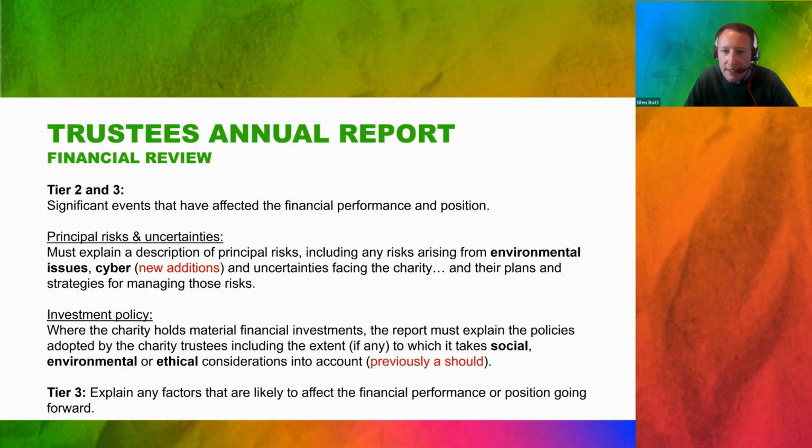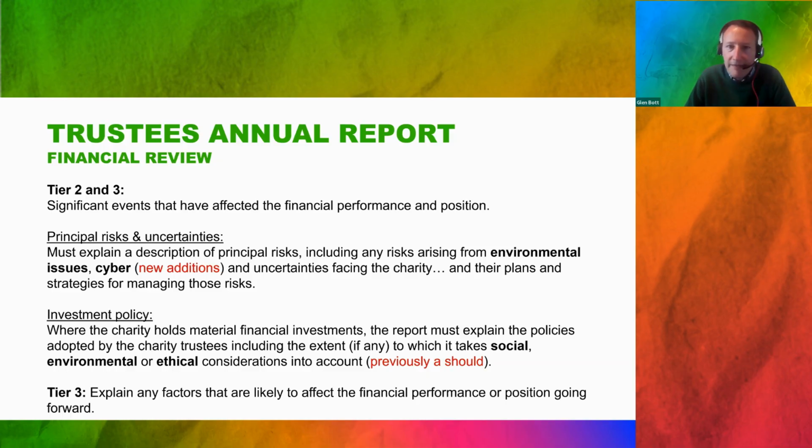Two slight tweaks within the financial review section. Firstly, in principal risks and uncertainties, they've added in two new items. Environmental issues and cyber were not mentioned in the old SORP, with the changing needs of users of the accounts, and also the risks that have come in from cyber. These are things that they're now saying they would expect to see as part of that risk and uncertainty consideration.